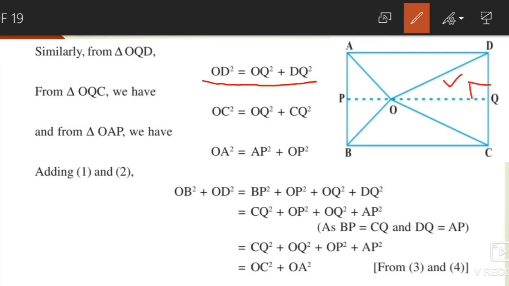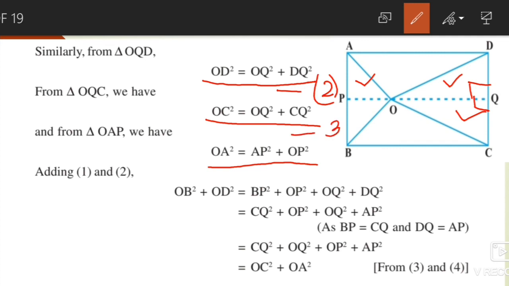Similarly, in triangle OQC, since this one is 90 degrees, OC square is equal to OQ square plus CQ square. Again, in triangle OAP, OA square is equal to AP square plus OP square. Mark this as equation number 2, this one as equation number 3, and this one as equation number 4.